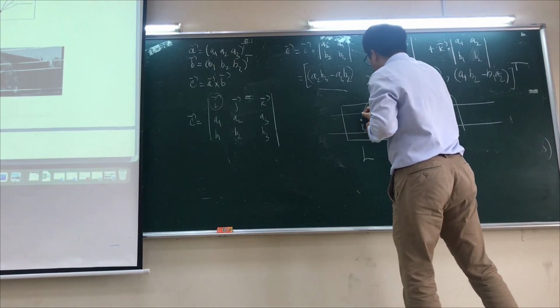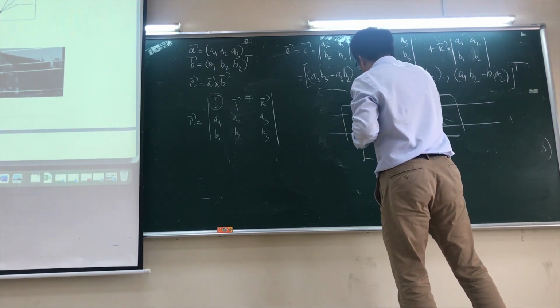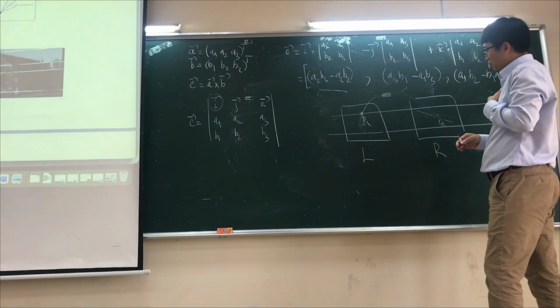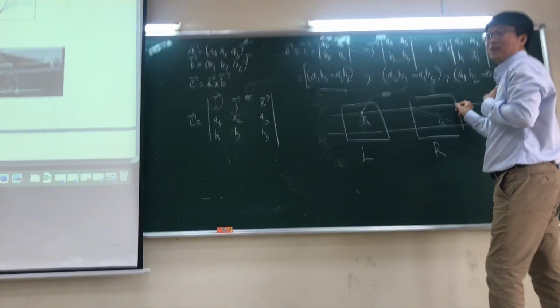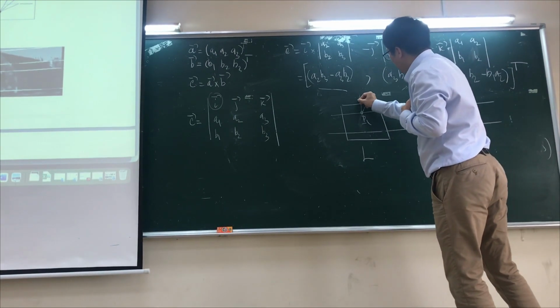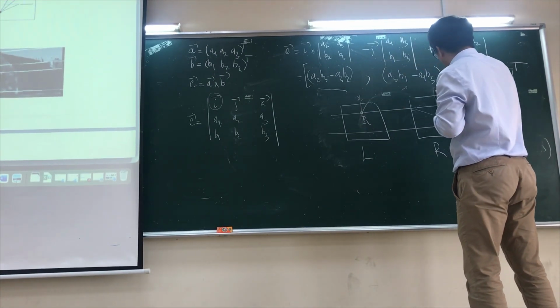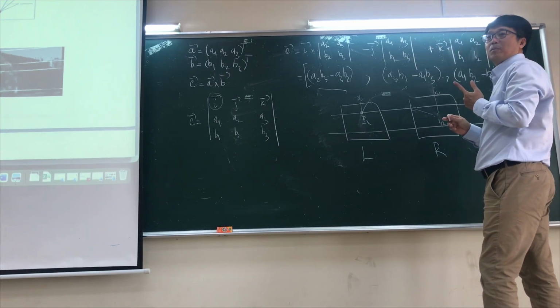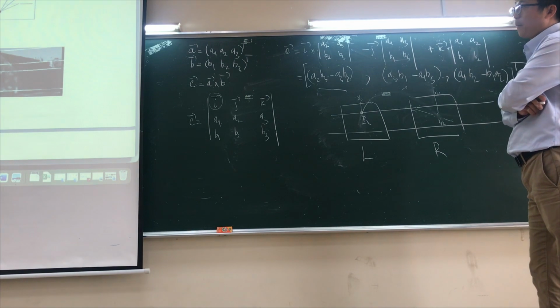So I give a point P on the left, where to search for P on the right? Only this zone, right? For example, here x equals 0 and here also x equals 0. Do you search on the left of x0 or right of x0? Can you tell me?